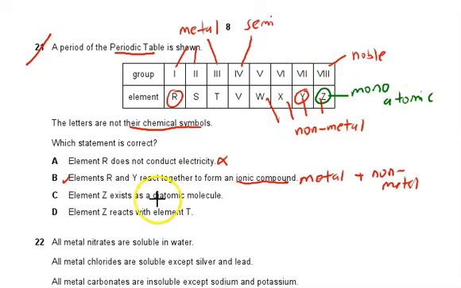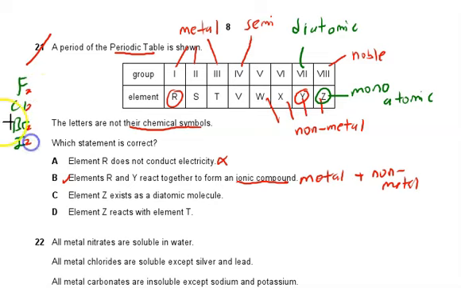The ones that exist as diatomic molecules are these. If you look at group 17 over here, we have fluorine, chlorine, bromine, and also iodine. All of them will exist as diatomic.